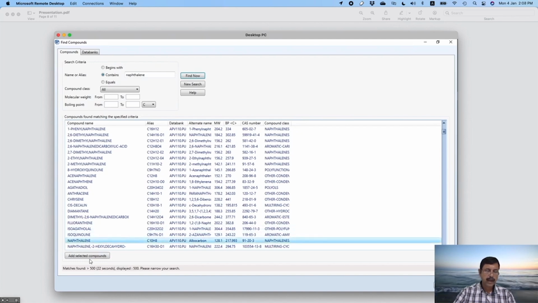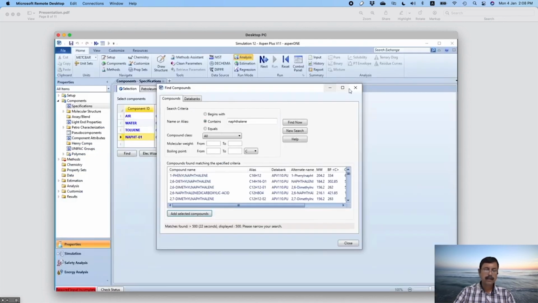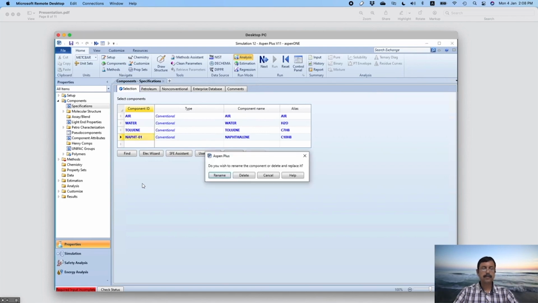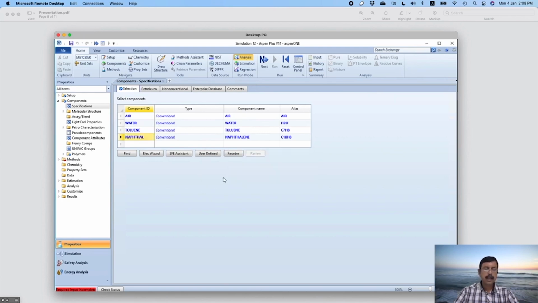So add selected components and let us rename it naphthal. Okay. Now press next.